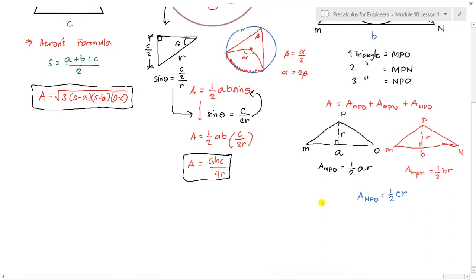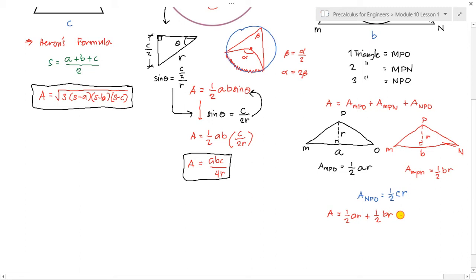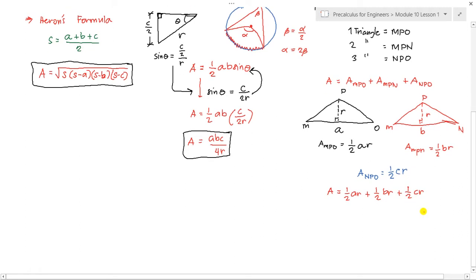When we add them, we now have the total area equals the area of the triangle MPO, that is 1/2 AR, plus the next triangle 1/2 BR, plus the last triangle 1/2 CR. Since the 1/2 and the radius are common, we factor them out.